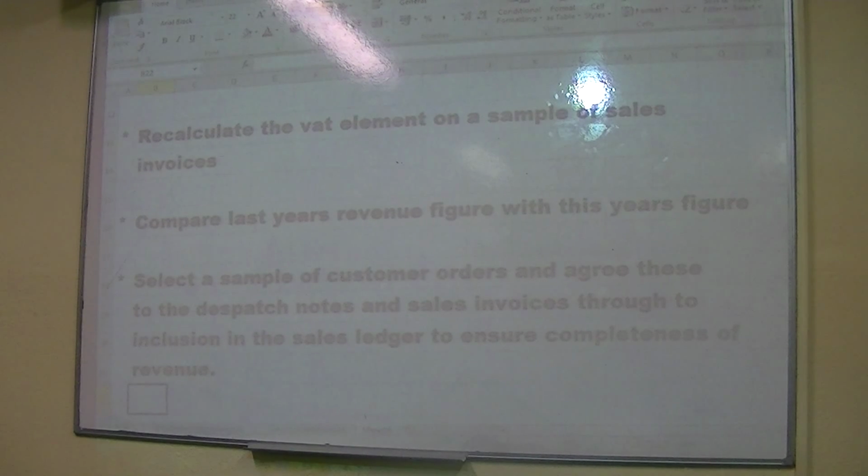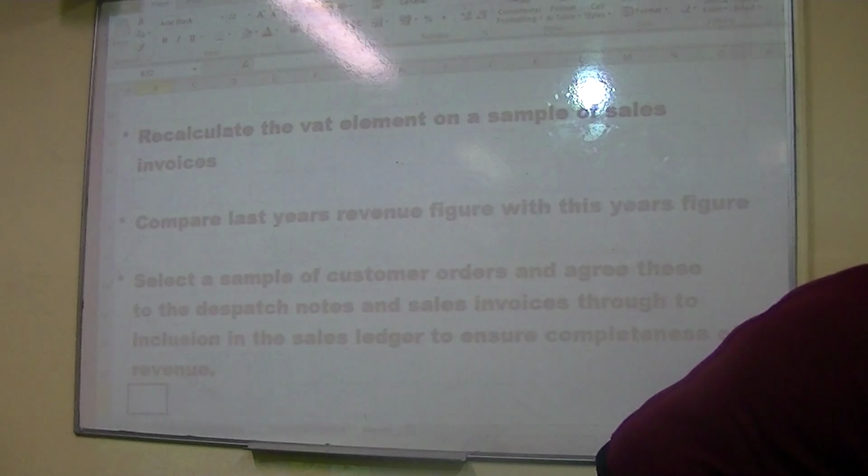We did them a while ago. What's the first one you'll always have? Debtor circularization. Then you do your gross margin, and receivable days, exactly what we had before.